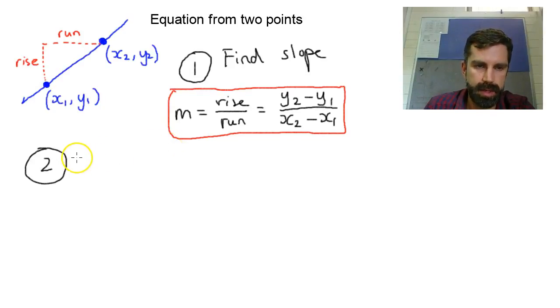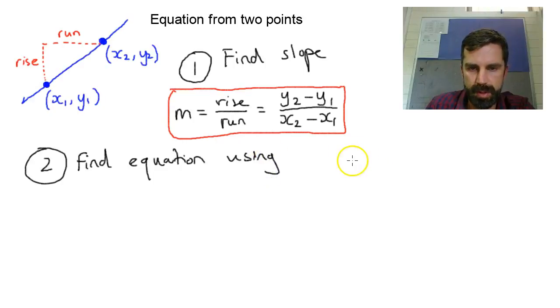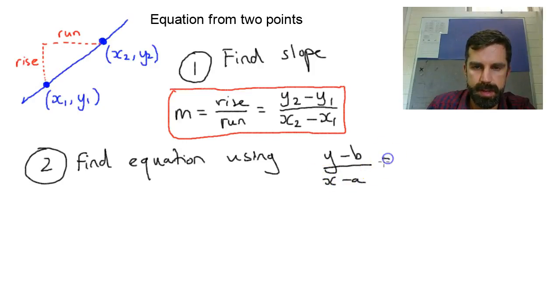So our second step is to find the equation using the formula from the previous video, which is y take b over x take a equals m.